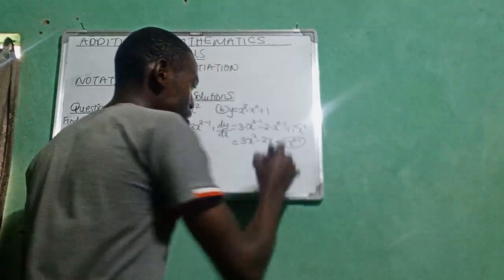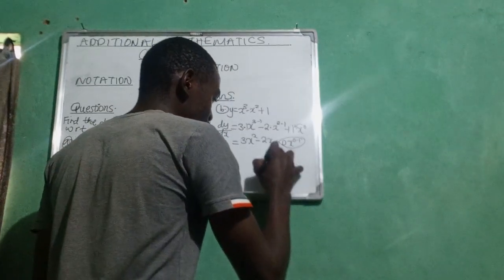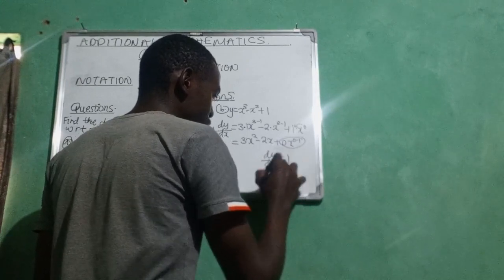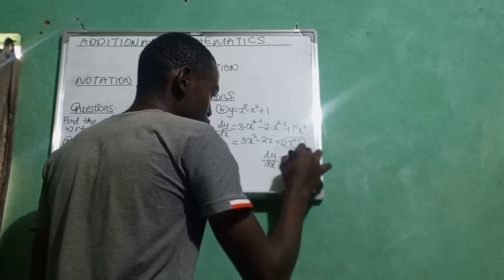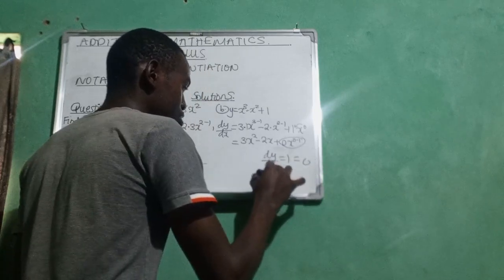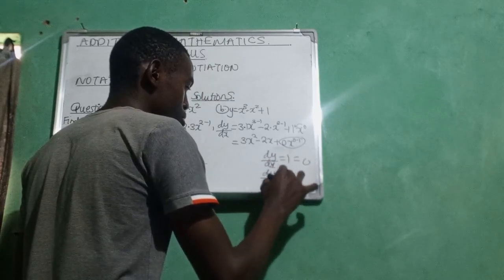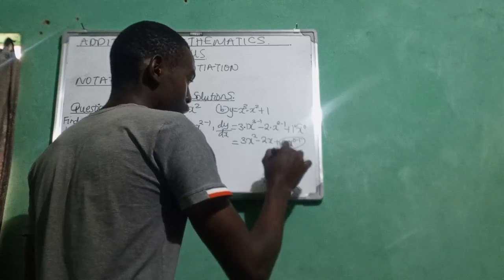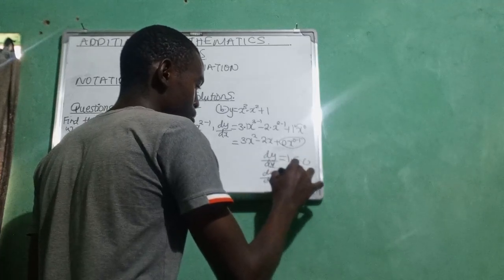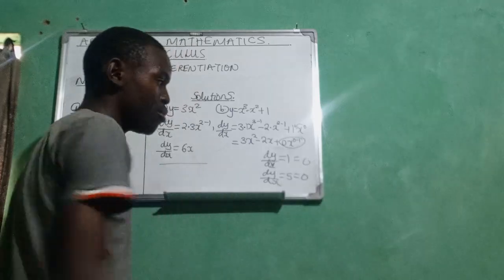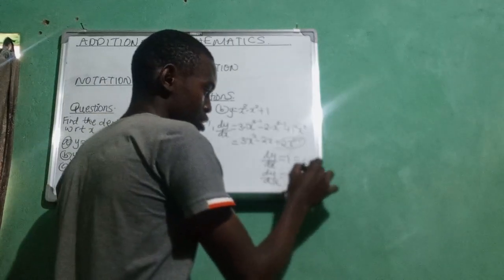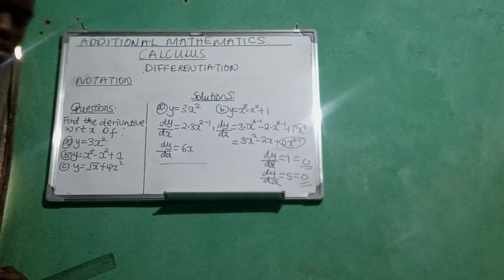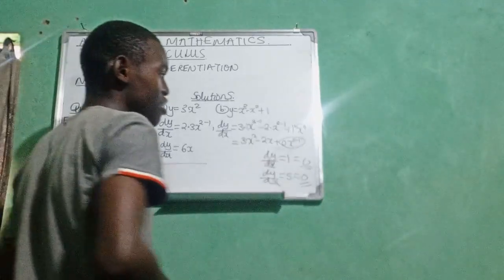So what I mean is, dy dx of 1 is equal to 0. dy dx of 5 is equal to 0. The derivative of a constant, any constant, is 0 because of what's happening here.